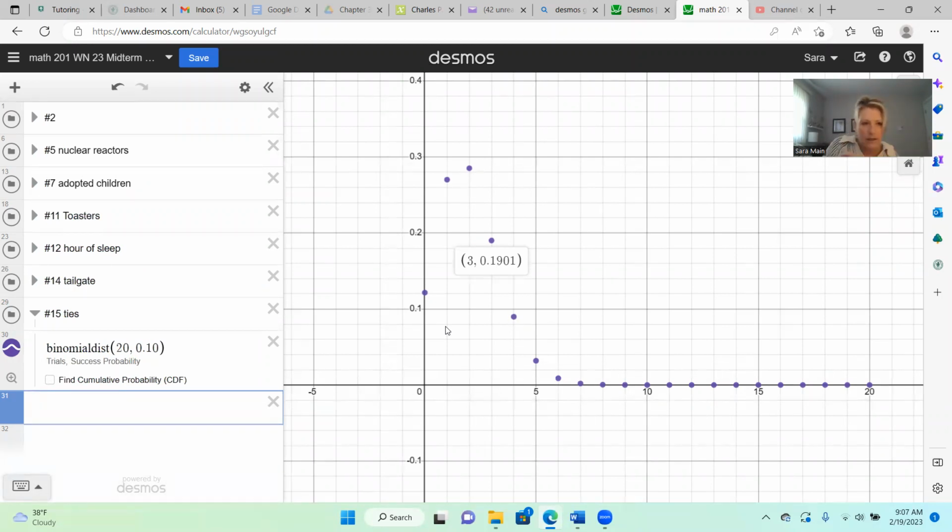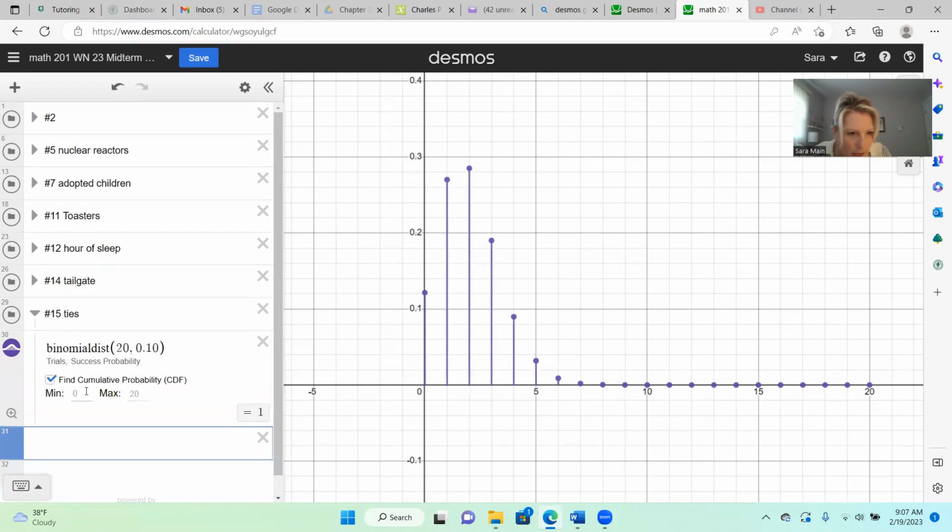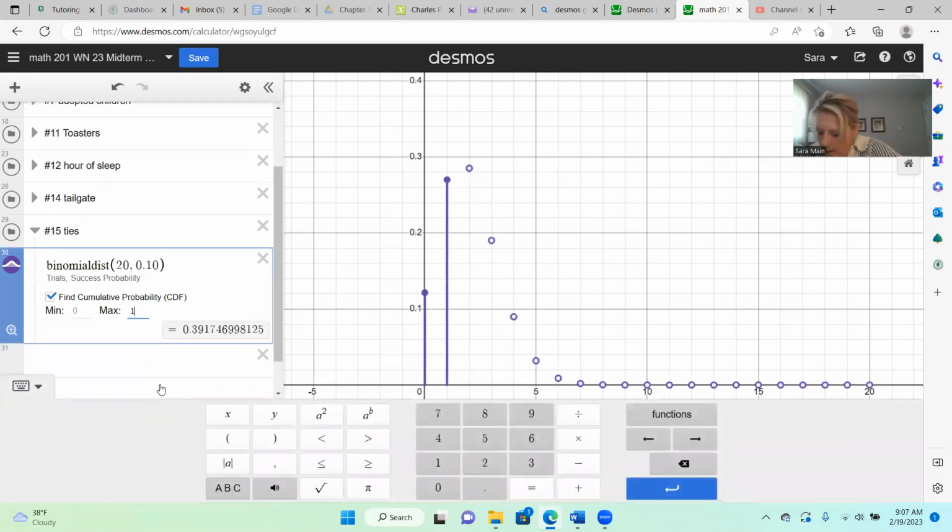And the next one was less than. So I'm going to click on the cumulative, and it's going to be 0 up through 1. And that is 0.3917.